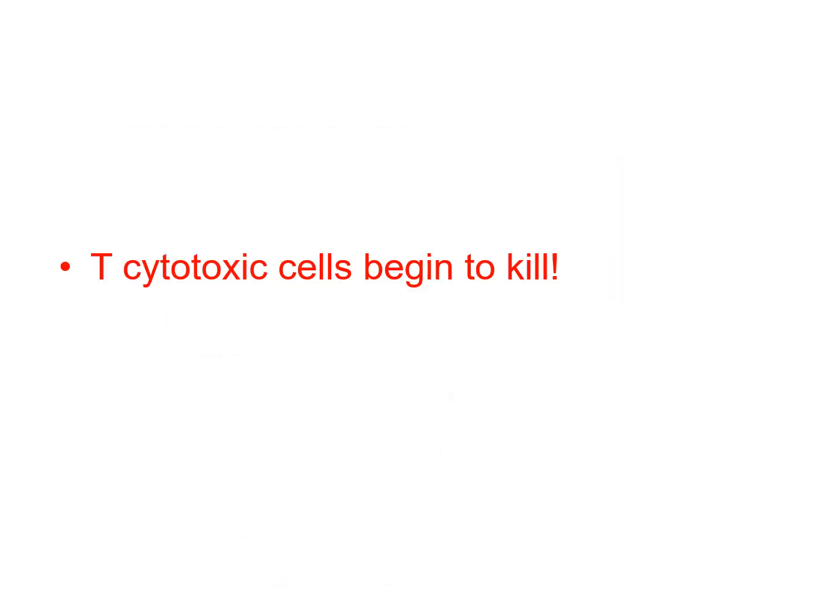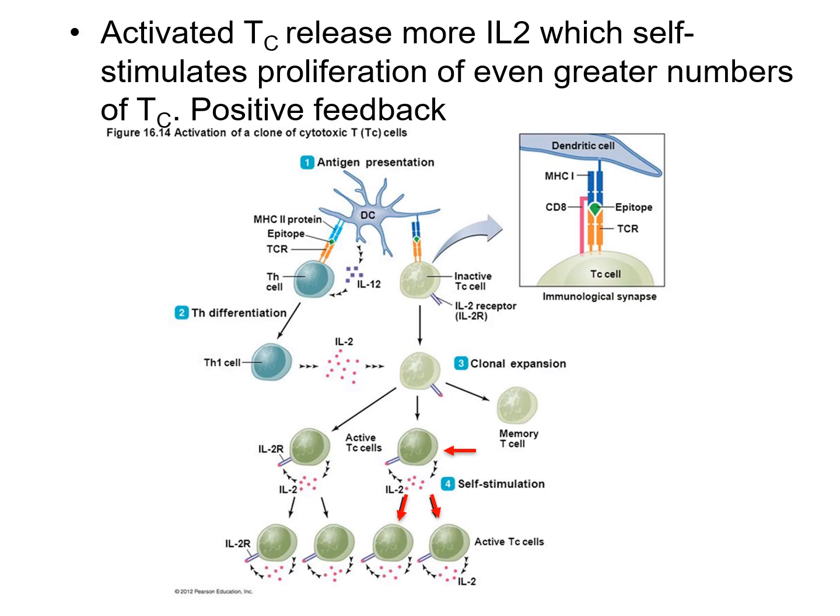Cytotoxic now begins to kill. It was awakened, now it has been activated. Activated cytotoxic cells release more interleukin 2, which self-stimulates proliferation of even greater numbers of T cytotoxic cells, meaning you had 5 cytotoxic cells that were awakened and then activated.